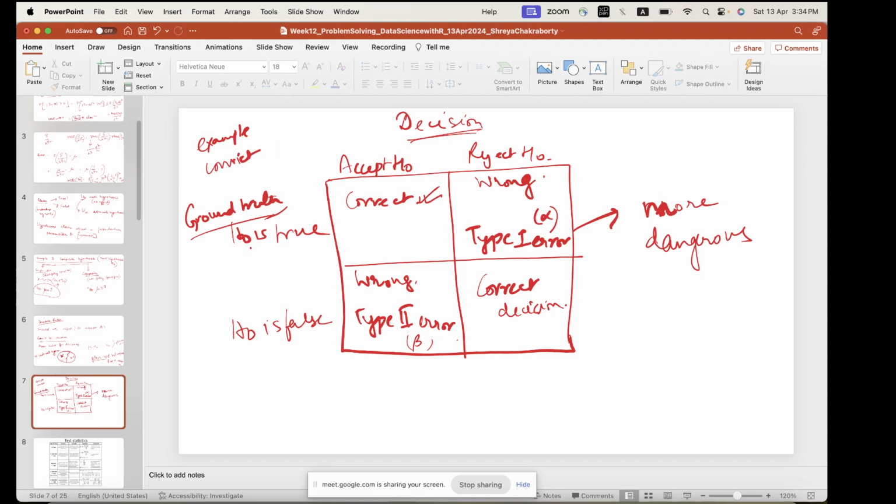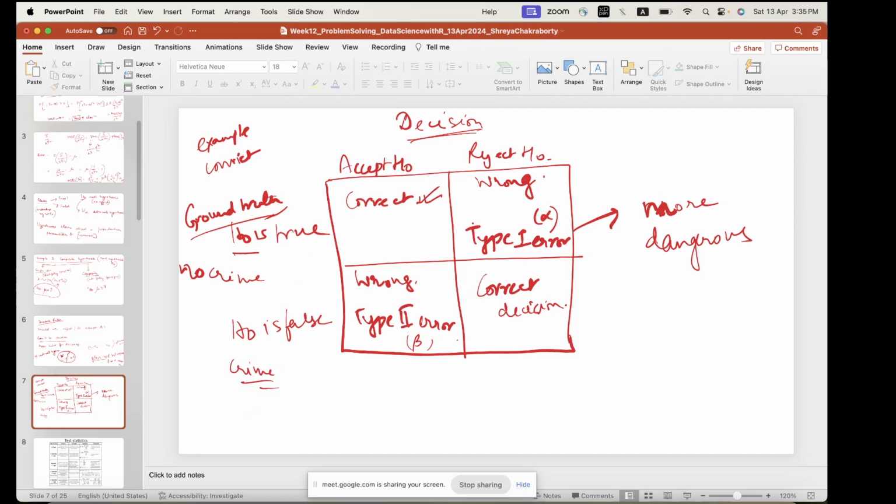So if he has not done any crime, H naught is, let's say, no crime. H naught is that the convict hasn't performed any crime, and the alternative is that person must have done some crime.